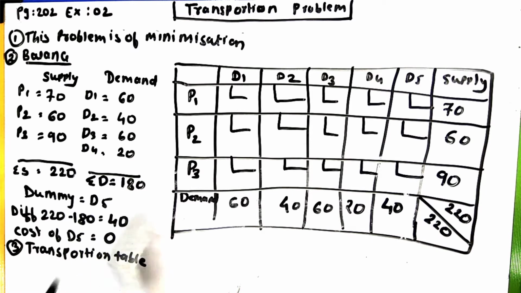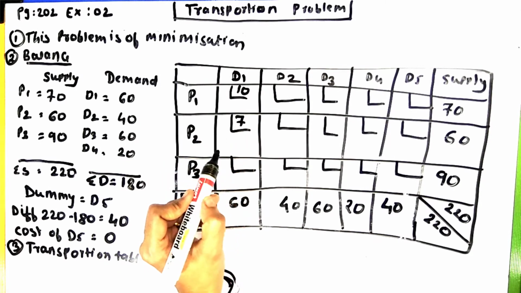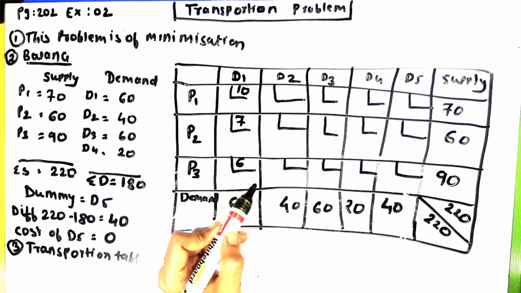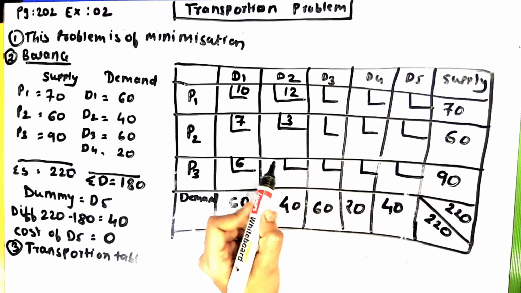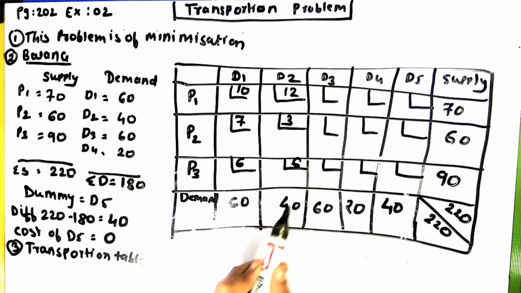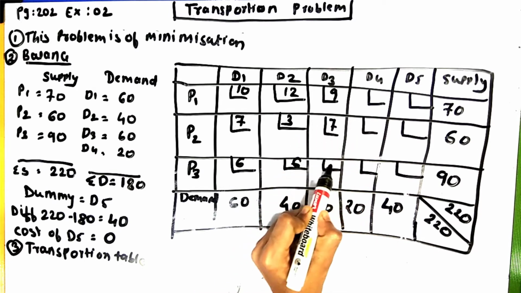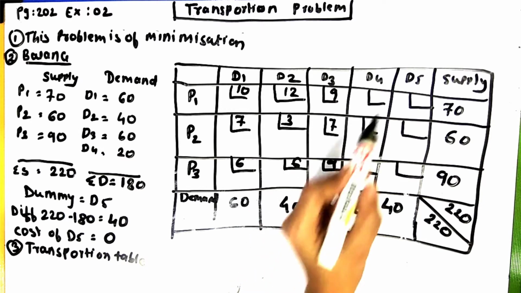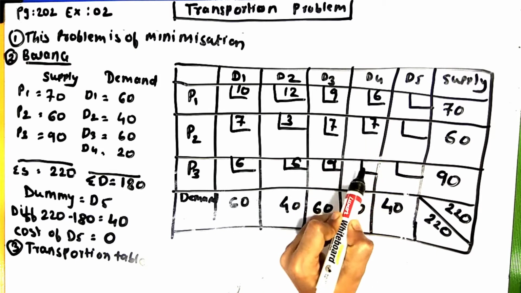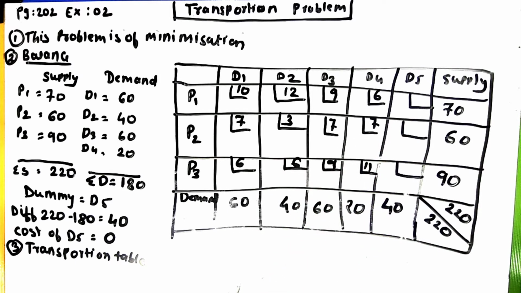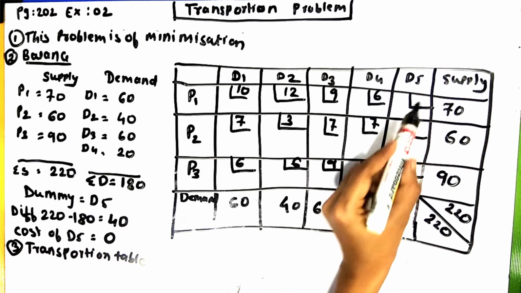So let me write it: 10, 7, 6, 12, 3, 6, 9, 7, 9, 6, 7 and 11. And in the dummy column we are going to write the cost as 0.